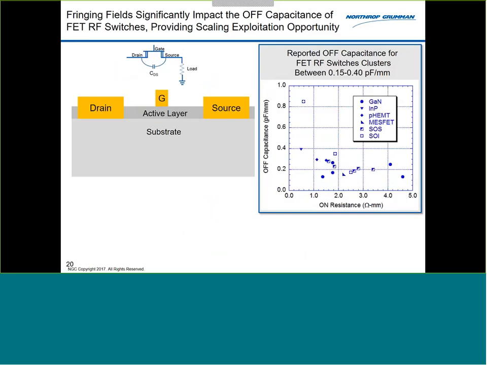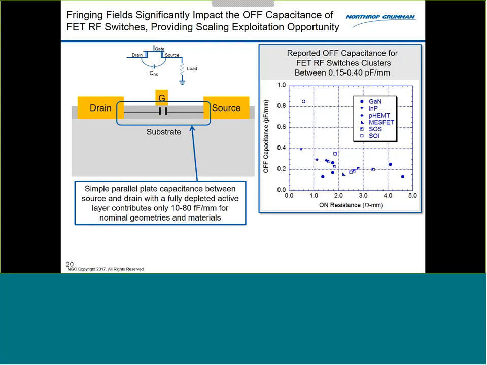One of the impacts of that, and this is where there's real opportunity, is the effective fringing fields as a component of that. Remember that imaginary block of material I did the derivation on for the maximum FC0, the maximum figure of merit. That assumed a very simple parallel plate capacitor.